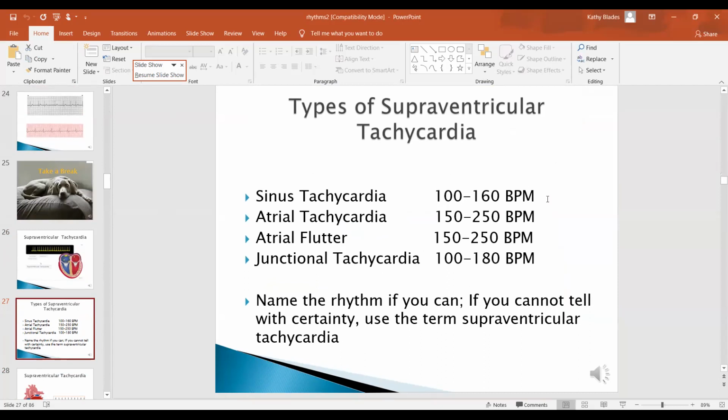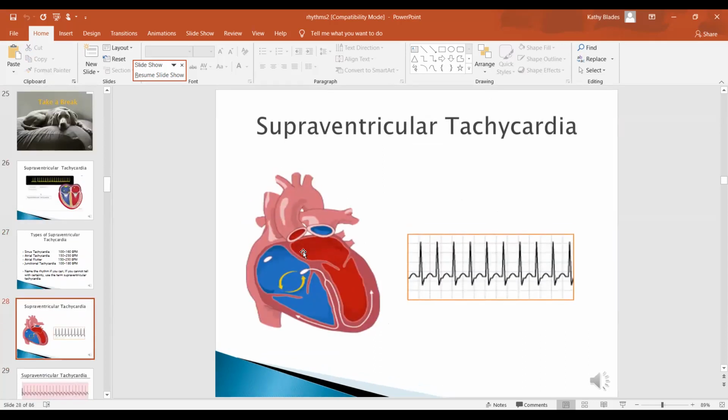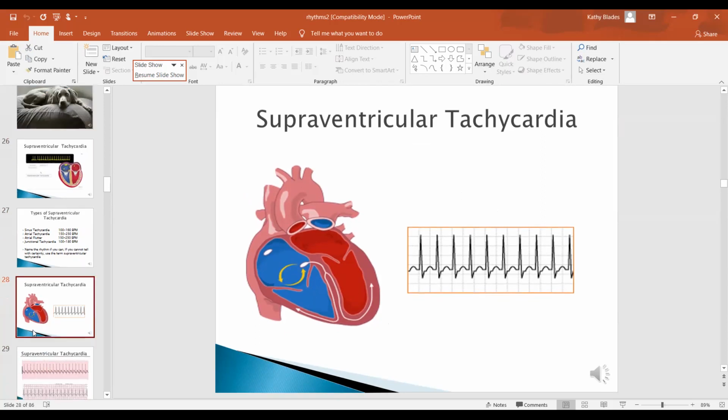Because the heart is beating so fast, you can't tell if there's a P wave. You can't really measure anything. So that's why all of these together are known as SVT, or supraventricular tachycardia. And you can see here, there's really no distinction. Everything might change, or it's so fast you cannot do those things.